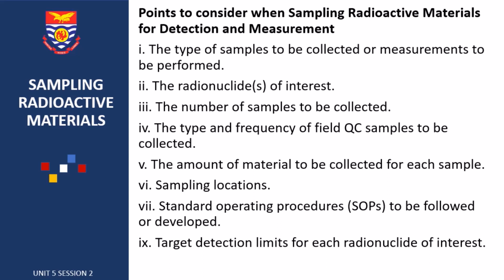We must also look at the radioactive nuclide of interest. So what kind of radioactive nuclide are we looking for? The radioactive nuclide of interest will influence how we collect our data. You must also look at the number of samples to be collected.